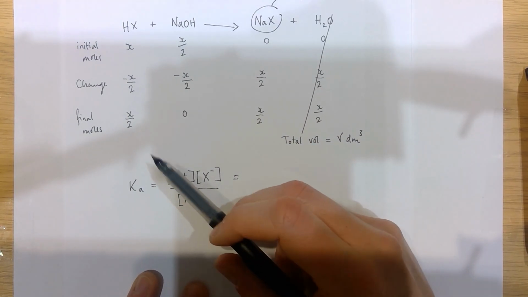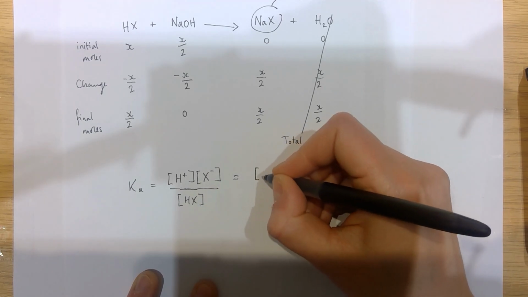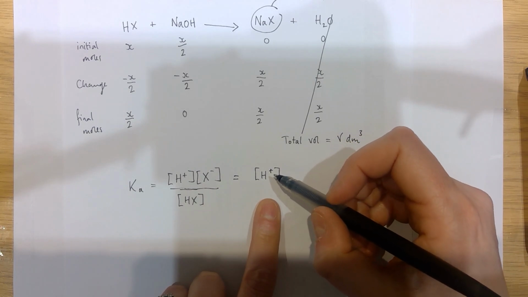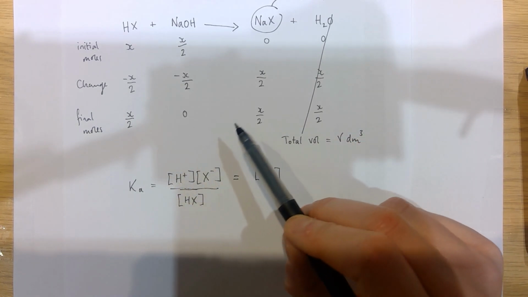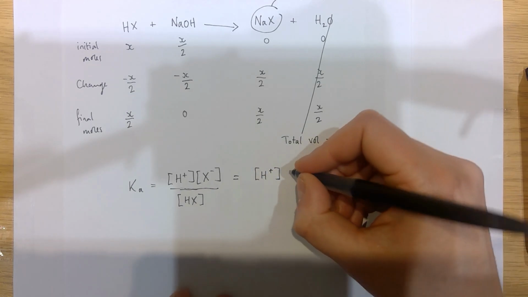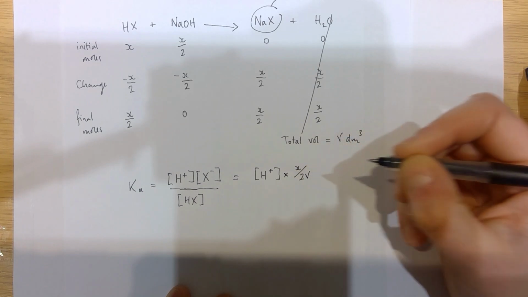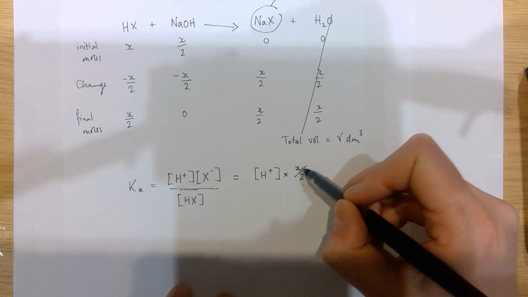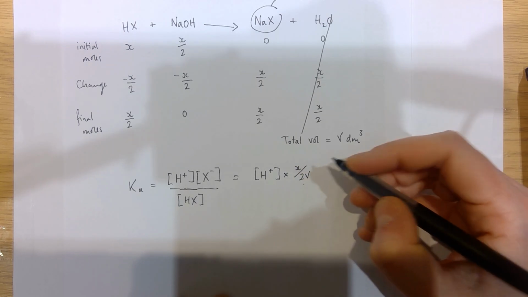Concentration of H plus, I don't know. Think about it, I'm going to want to get that in the end, to get pH. Concentration of X minus is X over 2, so multiplied by X over 2V, so the V is on the bottom, so I've effectively divided the moles by the volume to get the concentration there.